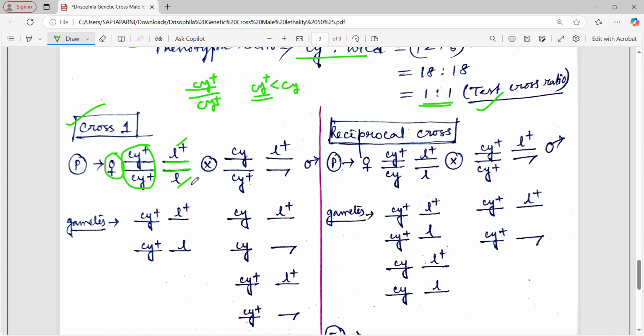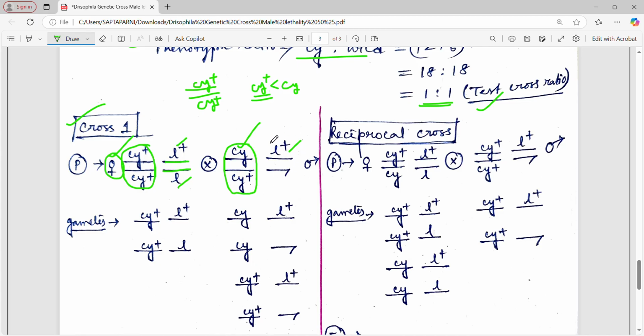Whereas the father is heterozygote, Cy and Cy+, because in a test cross, if the mother is the homozygous recessive one, then the father should be heterozygous. The father has L+ on its X chromosome and a normal Y chromosome. I have discussed why there is L+ in my previous part.